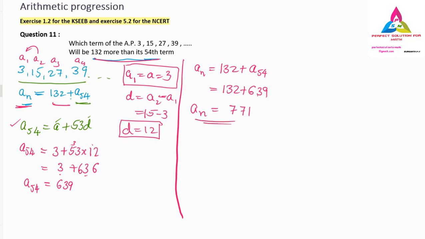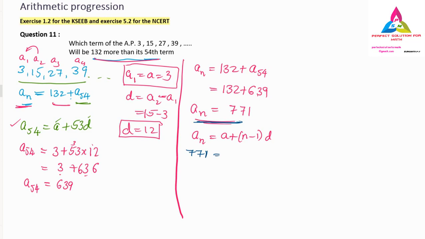So which term is 771? That we can find by the an formula. What is the an formula? an is equal to a plus n minus 1 into d. The an value we already know, that is 132 more than the A54 term, which is 771. So 771 we have to write.